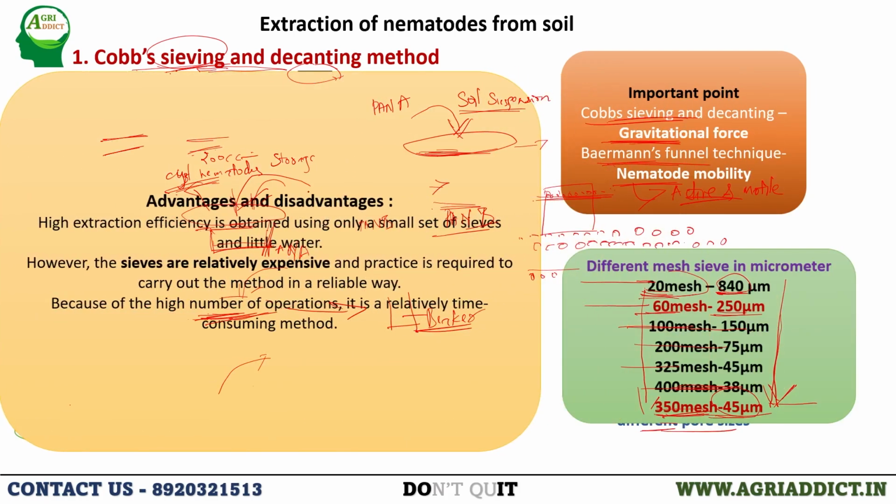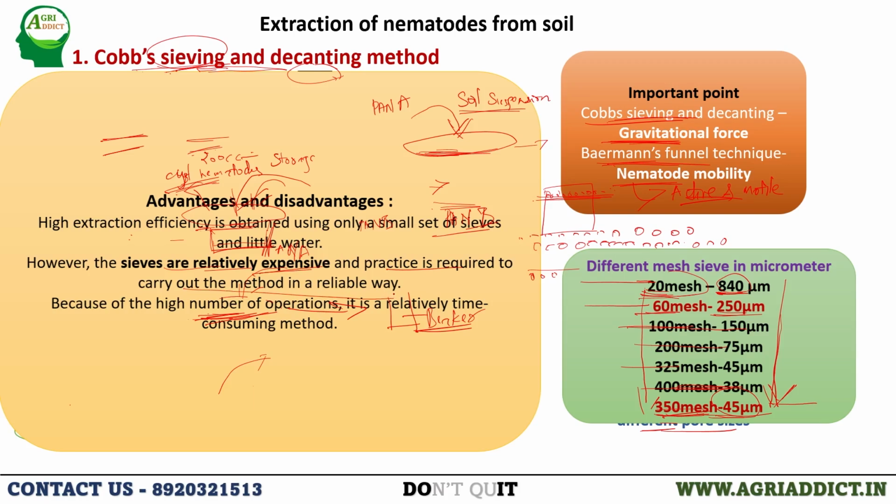Some of the advantages and disadvantages of this method: high extraction efficiency can be obtained by using only a few sets of sieves and a little quantity of water. Here there is no wastage of water. Among the disadvantages, sieves sometimes are relatively expensive, and practice is required to carry out the method in a reliable way.